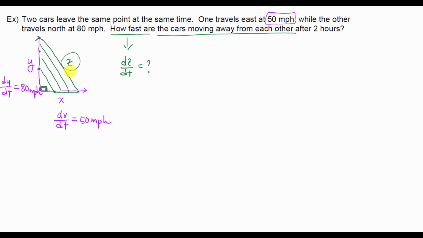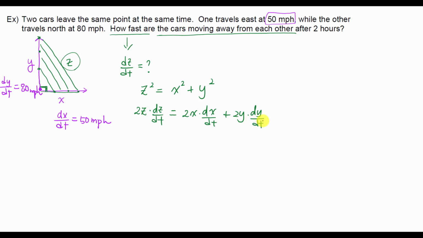The equation you could come up with is hypotenuse squared equals leg squared plus the other leg squared. That's the Pythagorean theorem, right? So now we need to take the derivative of both sides with respect to t. Taking the derivative of z squared, you get 2z dz/dt equal to 2x dx/dt plus 2y dy/dt.